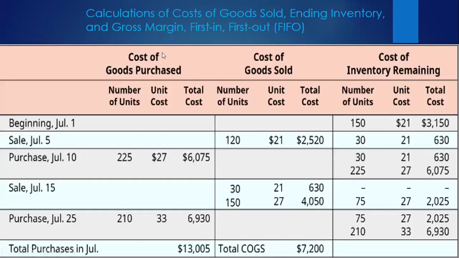Here it is. I have cost of goods purchased, goods sold, and the balance here, or on hand, remaining balance, whatever you call it. So here it is, our beginning, opening, starting balance. First day of the month, I have 150 units at the cost of 21. That gives you 3,150.